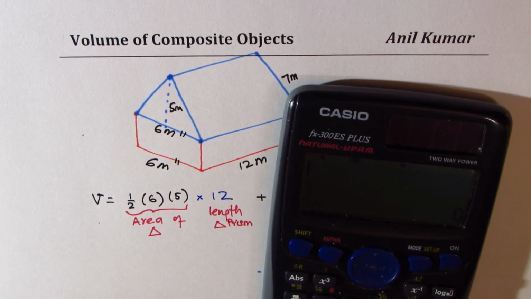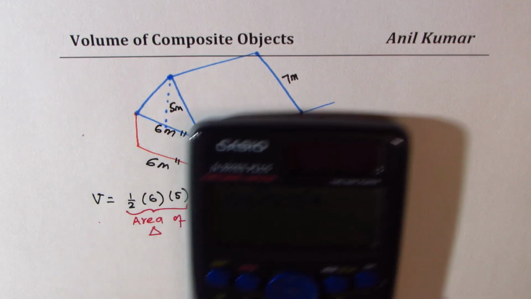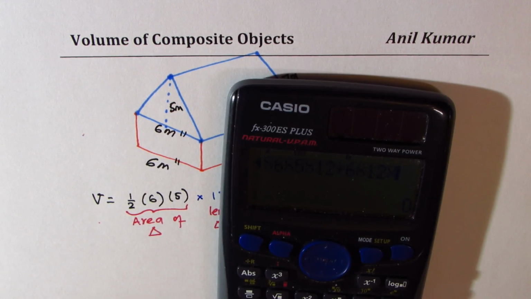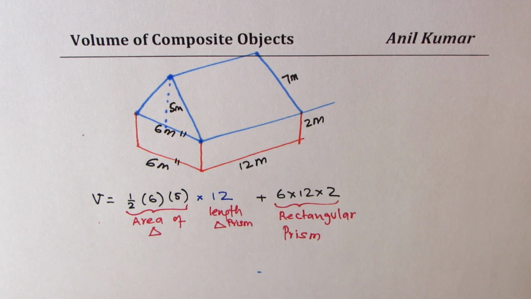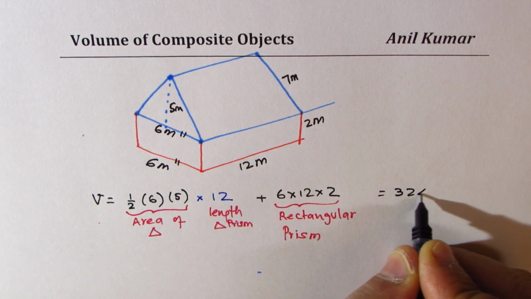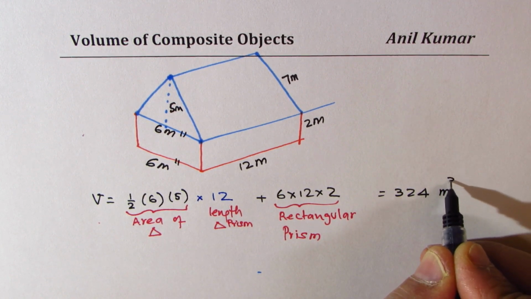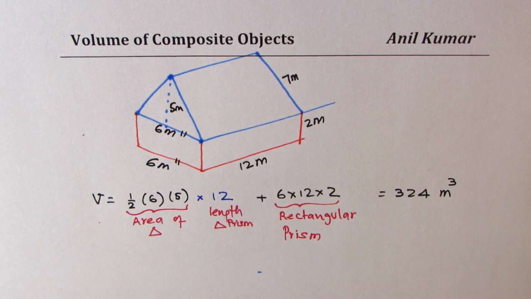So it is 0.5 times 6 times 5 times 12 plus 6 times 12 times 2, and the answer is 324 meter cube. So it is that simple. You have to basically see the combination and add the volume of each, as we have done in these couple of examples. I hope the strategy helps to move forward.